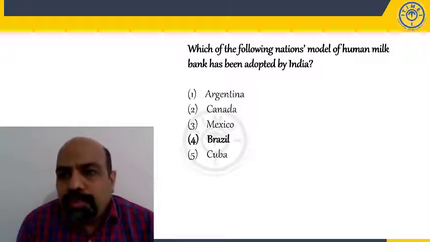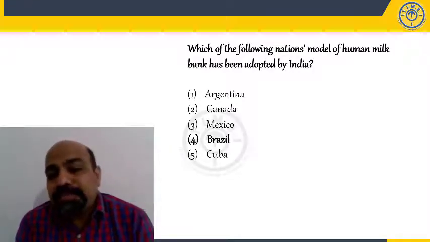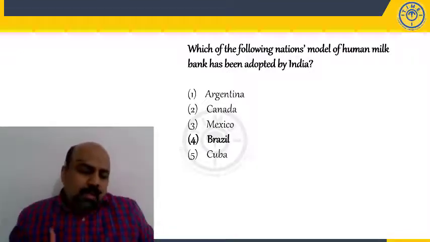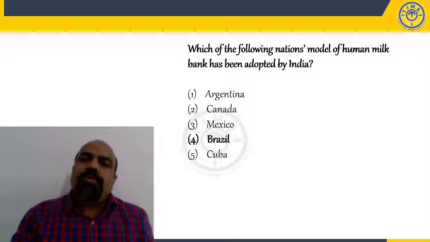Which of the following nations' model of human milk bank has been adopted by India? This is a very good question. So, see, in India, what is the goal? You write this goal.